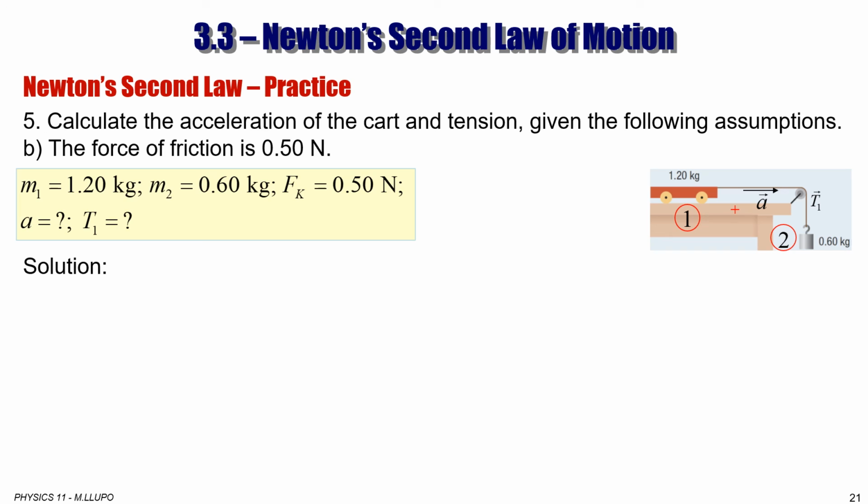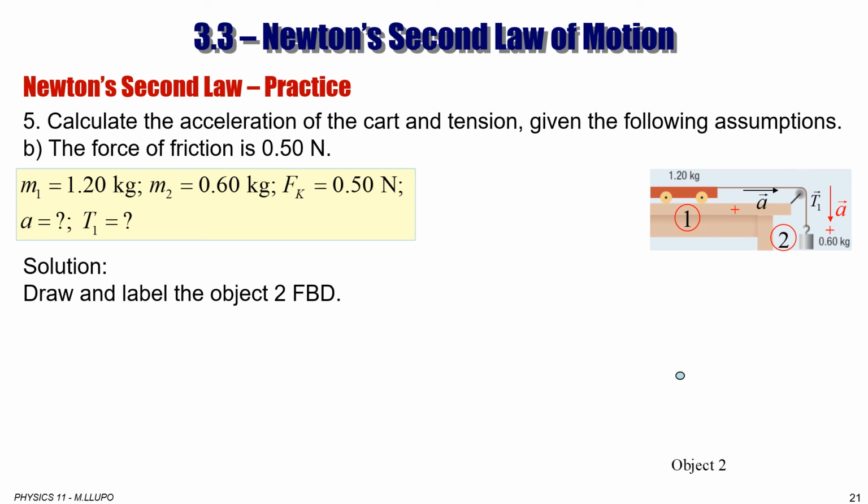We will continue with object number 2. We take a look. There's acceleration here, that is very important to look at. Acceleration is down, so that will be the positive direction.